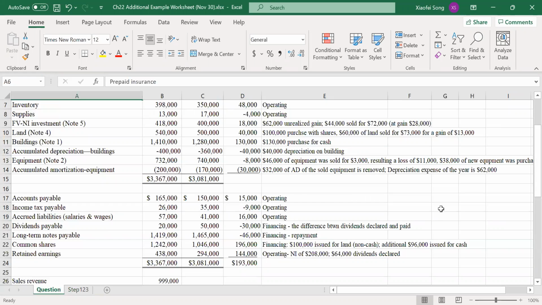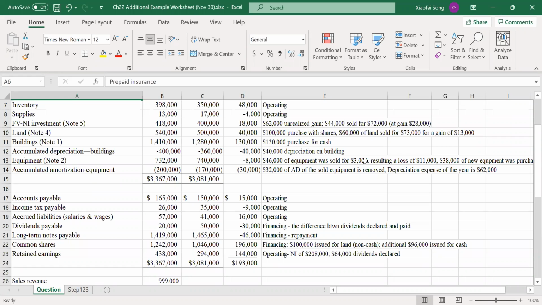We cannot net it, so I have to list the cash flow for cash. Yes, the building sold has a loss of 10,000, has a cost of 46,000, and I think the additional questions tell us they have a carrying amount of 14,000.